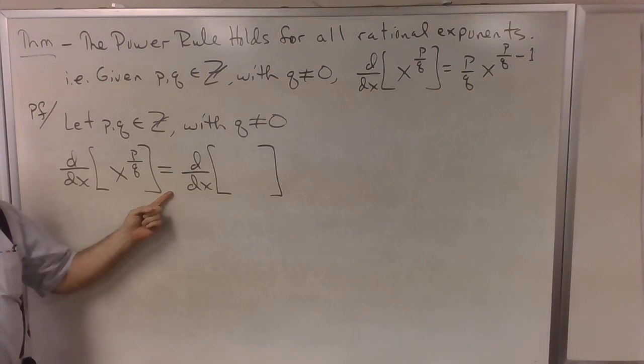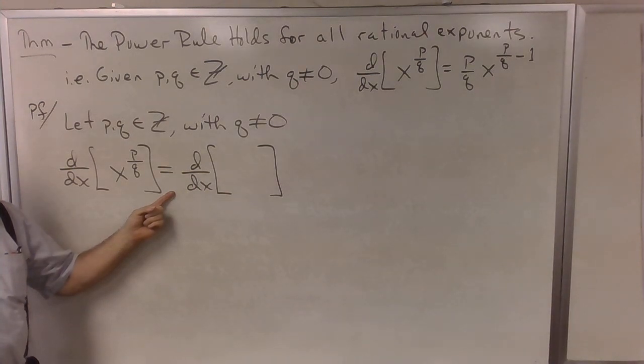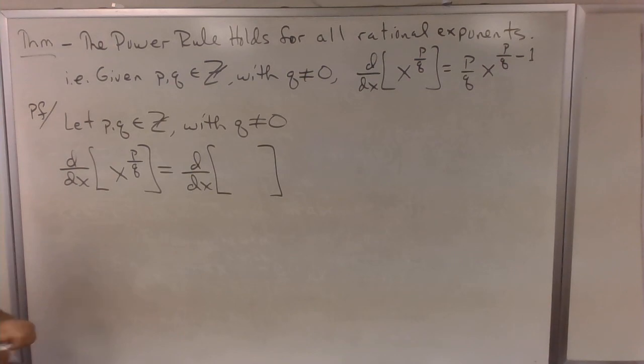Our first challenge here is going to be for us to write this in terms of things that we already know. Namely, we're going to have to phrase this in the context of a power rule problem where the exponent is a whole number. And here's how we do that.